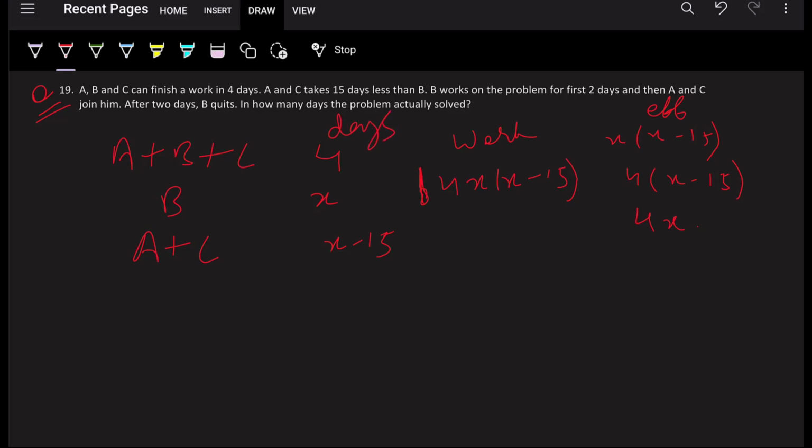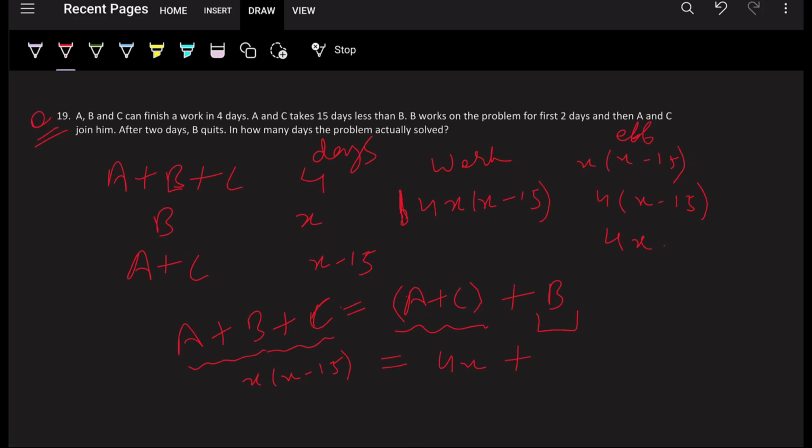Now this is the important concept. We know that A plus B plus C is equal to what? A plus C plus B. So I will rewrite this equation: A plus B plus C is x into x minus 15, which is equal to A plus C, which is 4x, plus B, which is 4 times x minus 15.